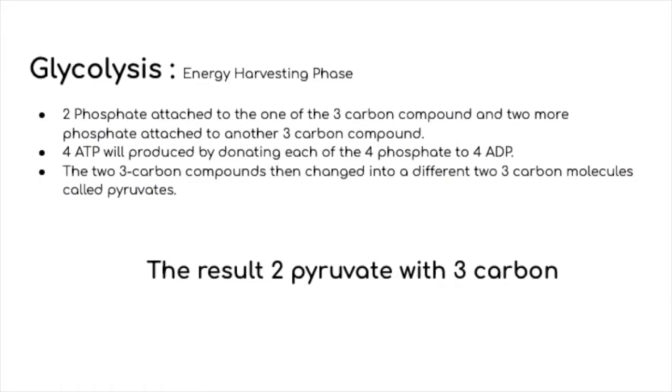Then 2 phosphates attach to one of the 3 carbon compounds, and 2 more phosphates attach to another 3 carbon compound. 4 ATP will be produced by donating each of the 4 phosphates to ADP. The 2 3 carbon compounds then change into a different 3 carbon molecule called pyruvate. The result of glycolysis is 2 pyruvate with 3 carbon.